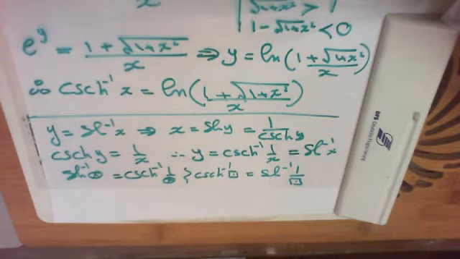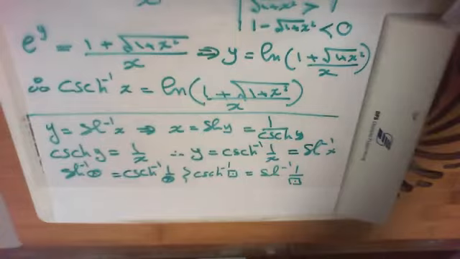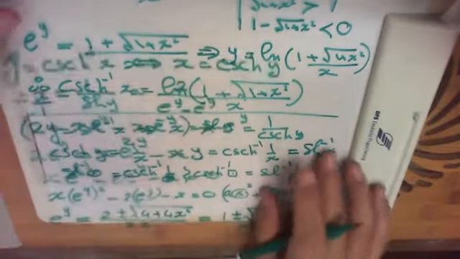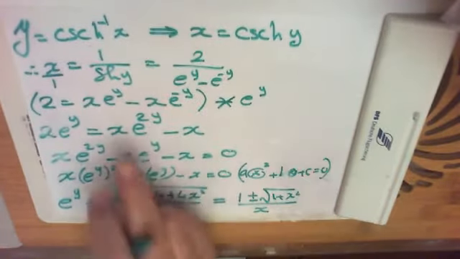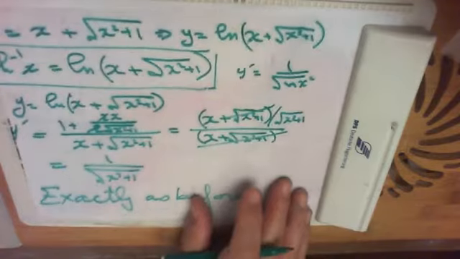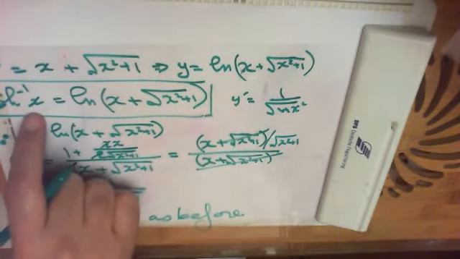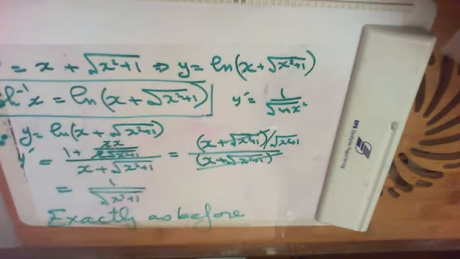So how will this help us? Instead of this lengthy proof for the logarithmic form of cosech minus 1, we already obtained that of sinh minus 1. To have that of cosech minus 1, replace x by 1 over x directly.